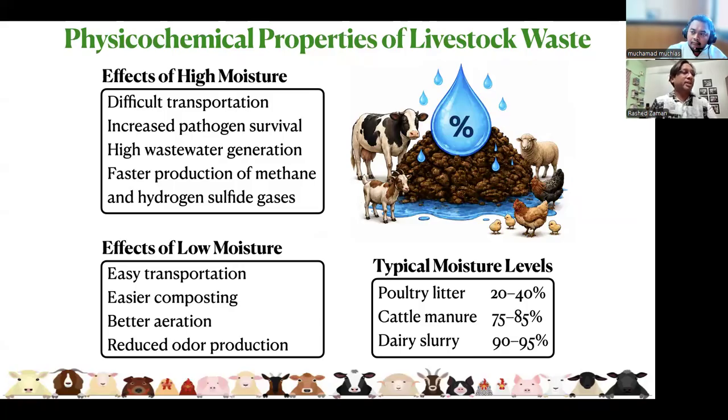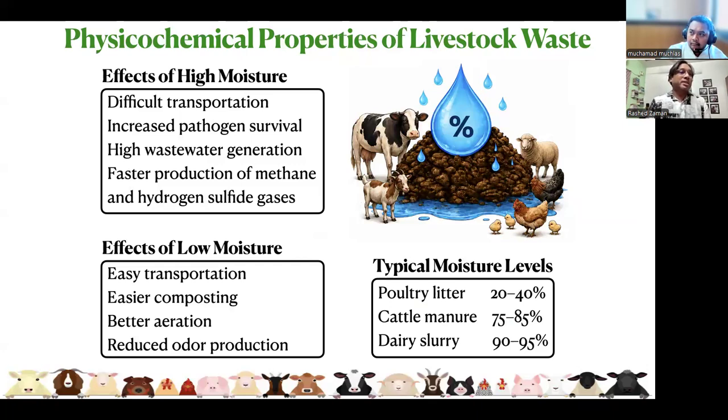Now, the effect of low moisture content, we will focus on this. Low moisture content means the livestock waste is comparatively dry or solid, and this type of waste is easy for transportation and easier for composting.